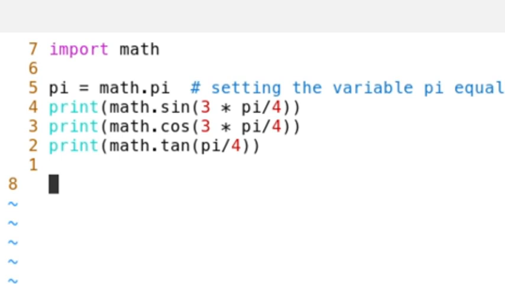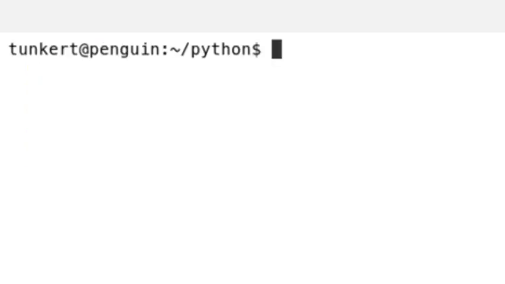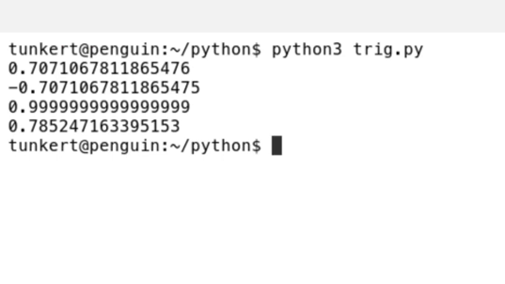Okay, so let's print math.asin for arcsine, and we're going to do 0.707 and close this out. And we should get 0.7853, I believe. Okay, so let's run in the terminal here, and let's rerun it, and we get 0.7852, which is very close to what pi fourths is.